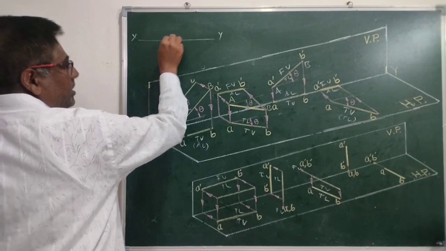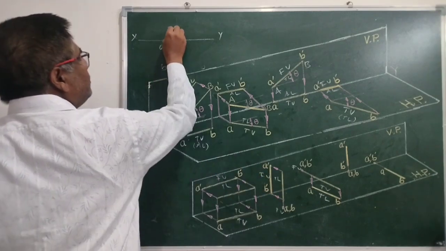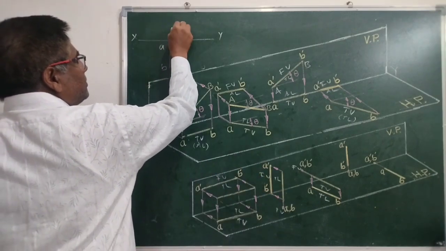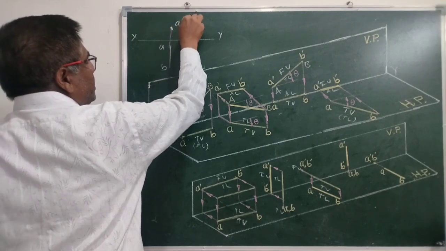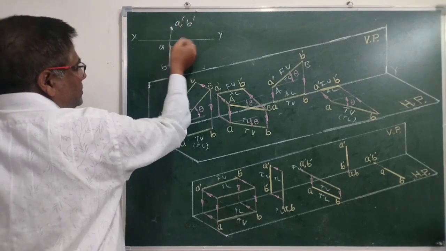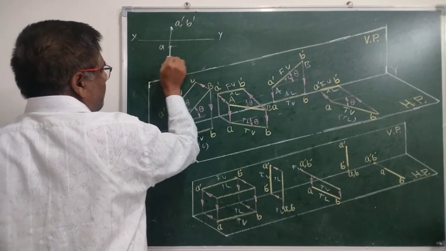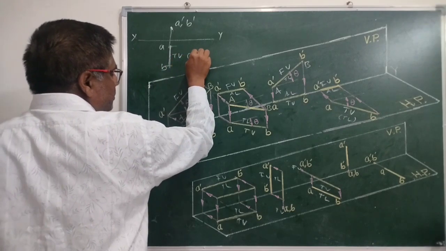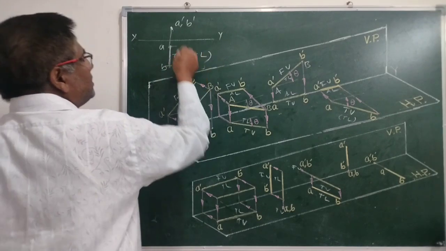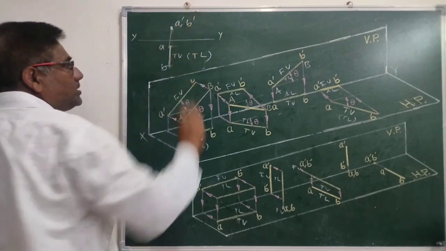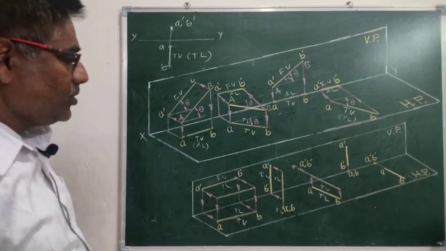A, B, and its front view will be just a point, A dash, B dash, and this top view will give you true length, and this front view is just a point.